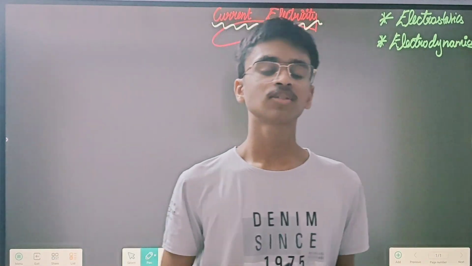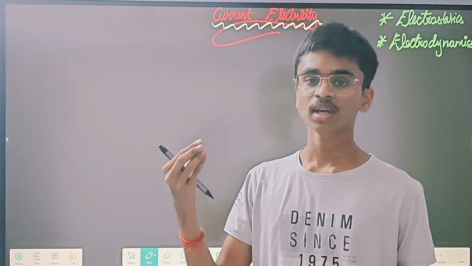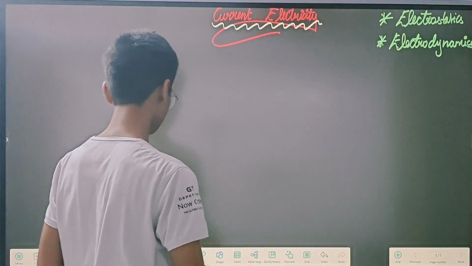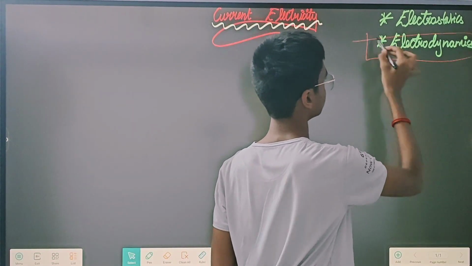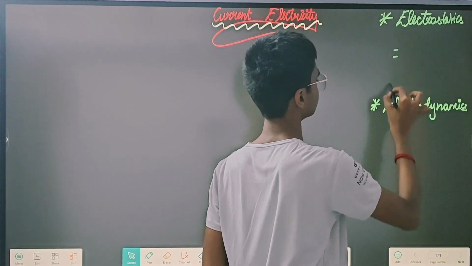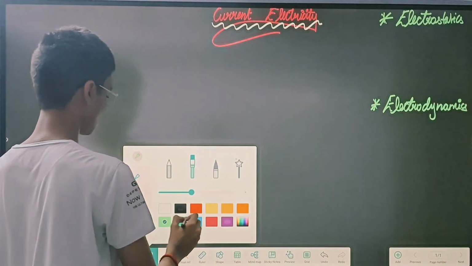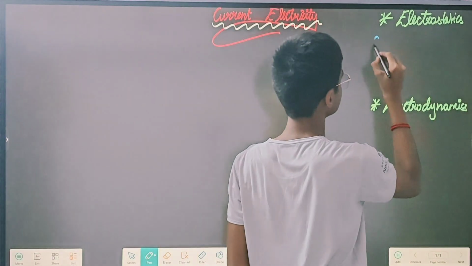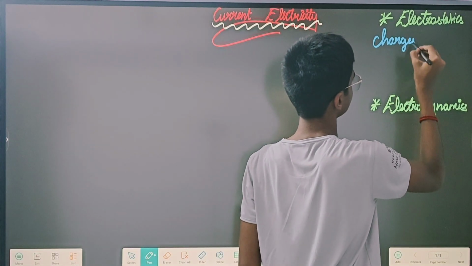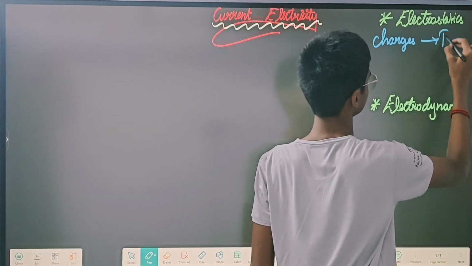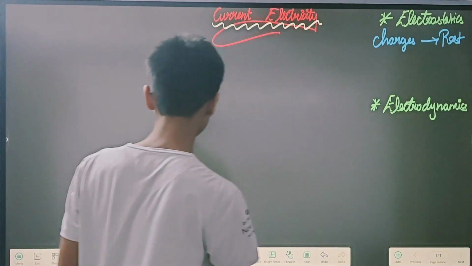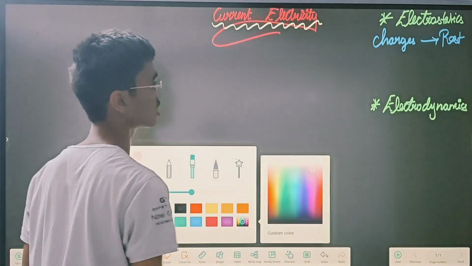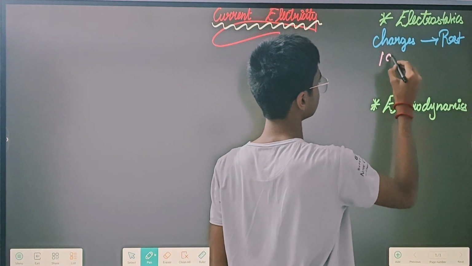In electrostatics, we were studying charges which were absolutely at rest. Since charges were at rest, they were represented by a term called q.